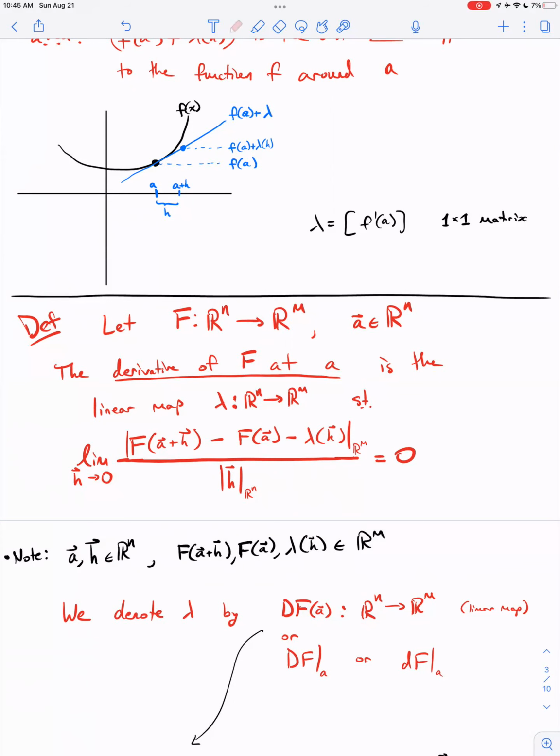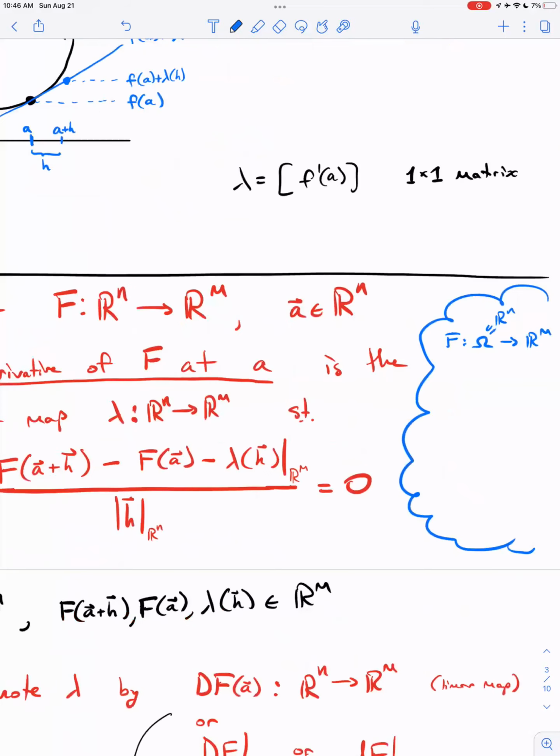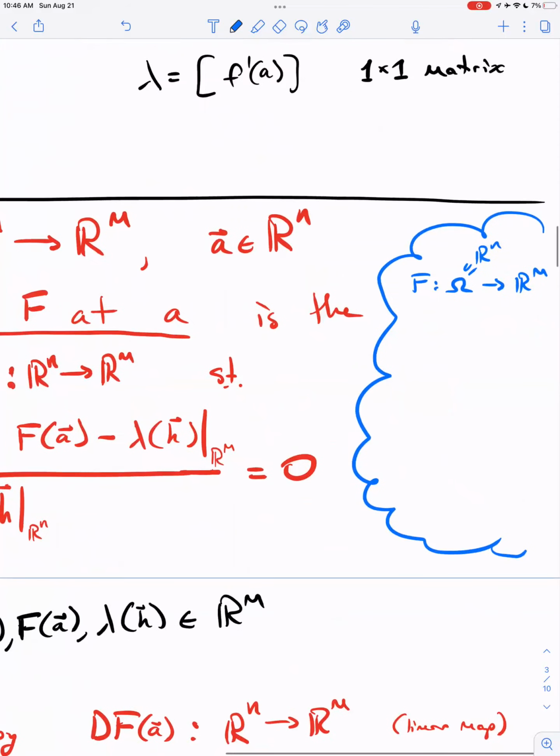It's worth noting that derivatives are local objects, so we could have started with f as a map from some region inside of Rn, and maybe it's still Rm valued. Maybe omega here is just some open ball, or some open region inside of Rn.